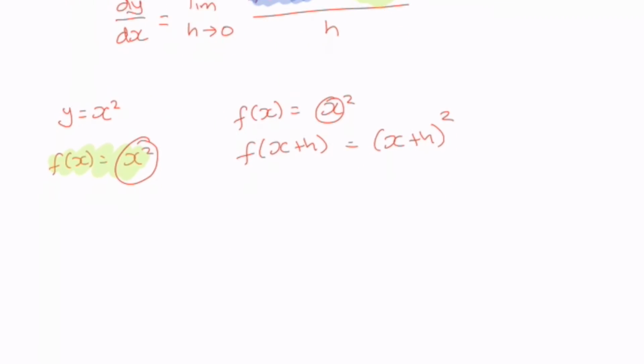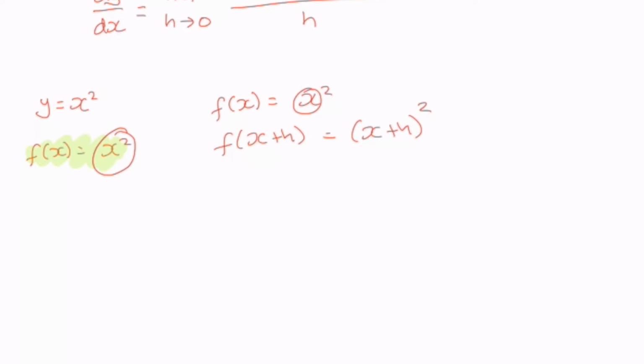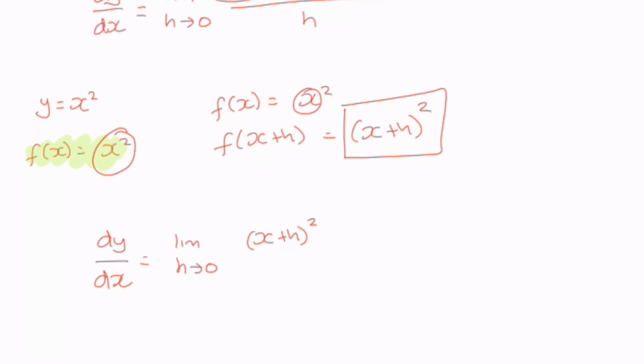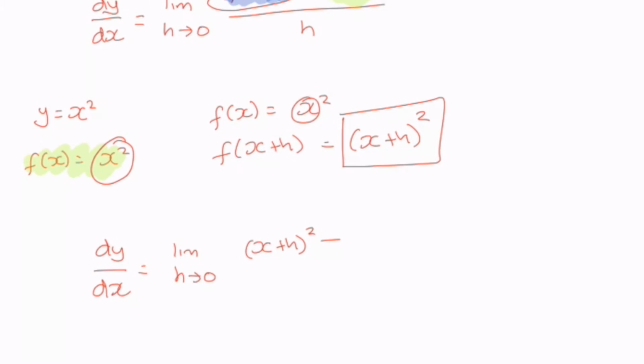Okay, now we could sub this in our derivative formula. We know dy by dx is the limit as h approaches 0 of f of x plus h, which in this case is that, minus f of x, which in this case is that, all over h.